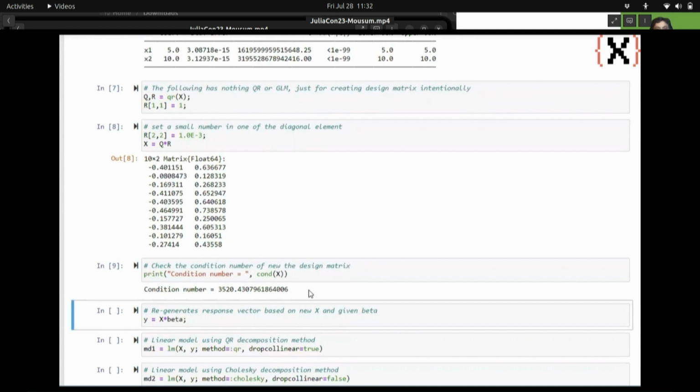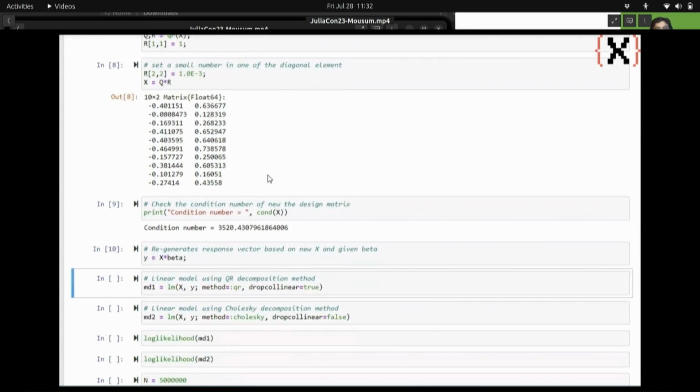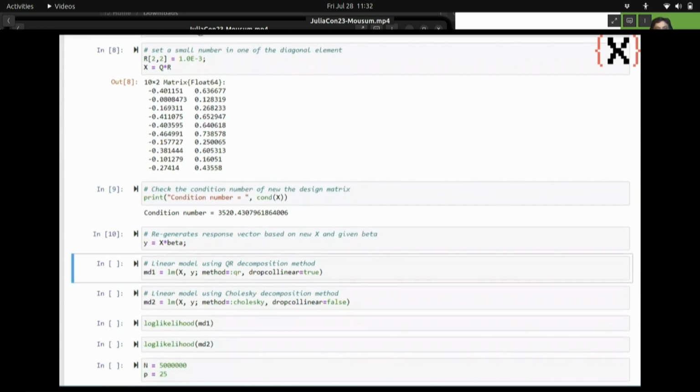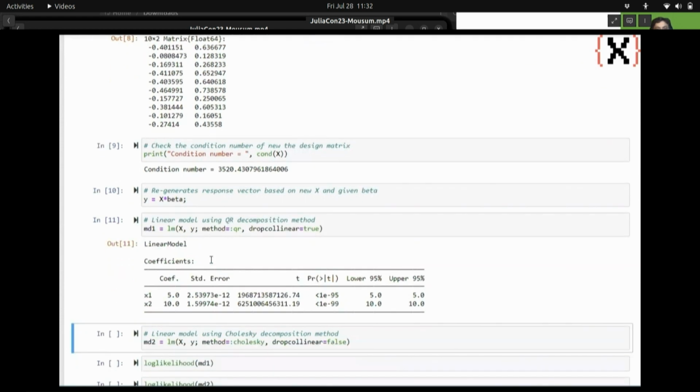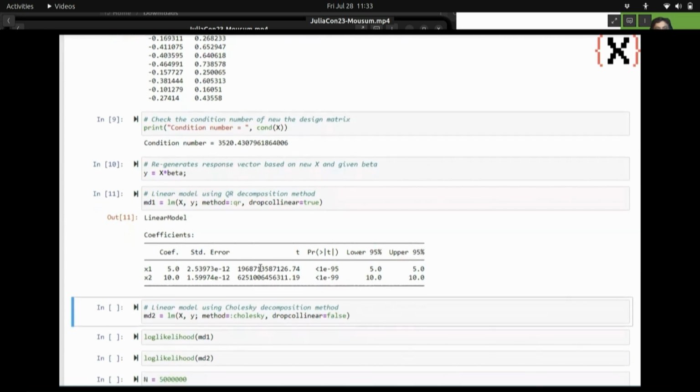It is less than 10 to the power 5. Now regenerate the response vector and try the linear model with the QR decomposition method. Okay, we can see that the estimates of beta are 5 and 10, which is a perfect fit.